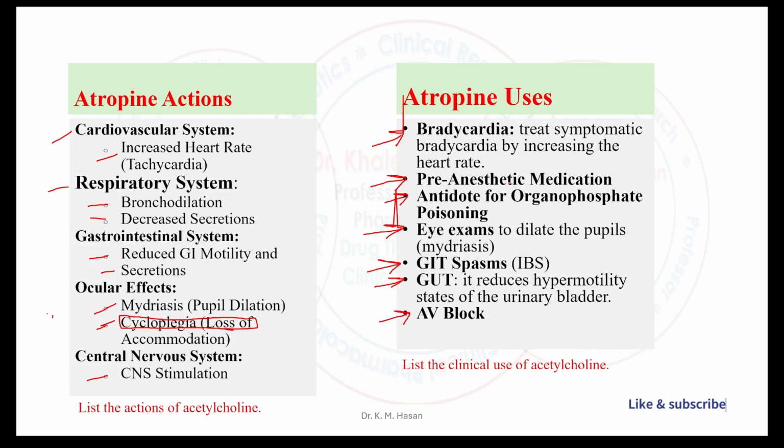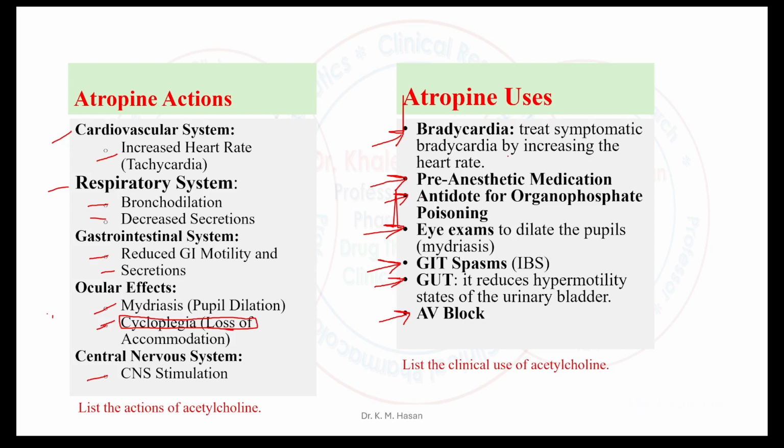So all these are the actions of atropine. Number one, treatment of bradycardia; prepare patients for general anesthesia; antidote for organophosphate; eye examination by inducing mydriasis; antispasmodic, we use it for treatment of gastrointestinal spasm and to reduce hypermotility of the urinary bladder. If someone suffers from overactive bladder, we use atropine.